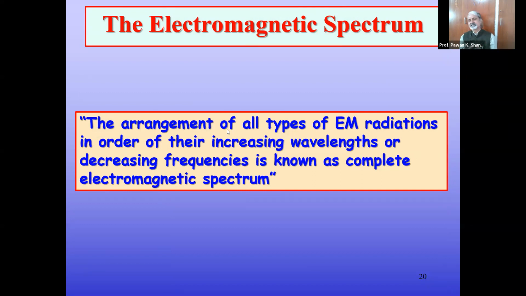You can take it as increasing wavelength, decreasing wavelength, increasing frequency, decreasing frequency, doesn't matter, or in terms of energy. That means from one extreme to another, lower to higher or higher to lower, doesn't matter. The arrangement of all types of electromagnetic radiations in any one order, that is what we call the electromagnetic spectrum.